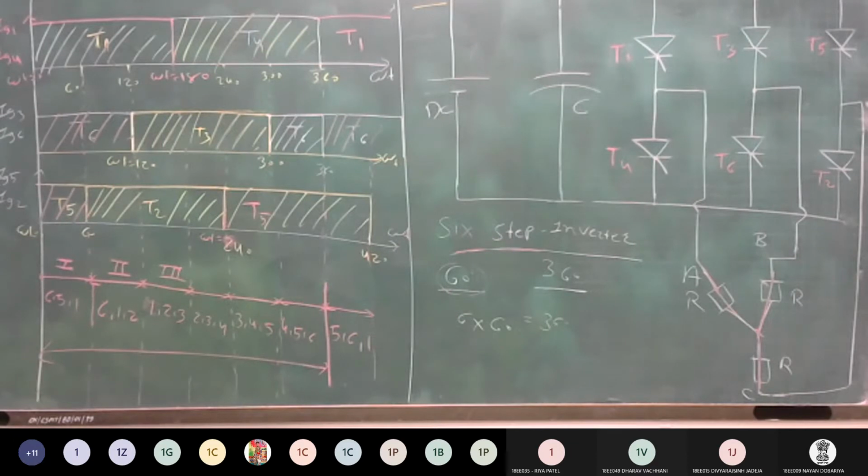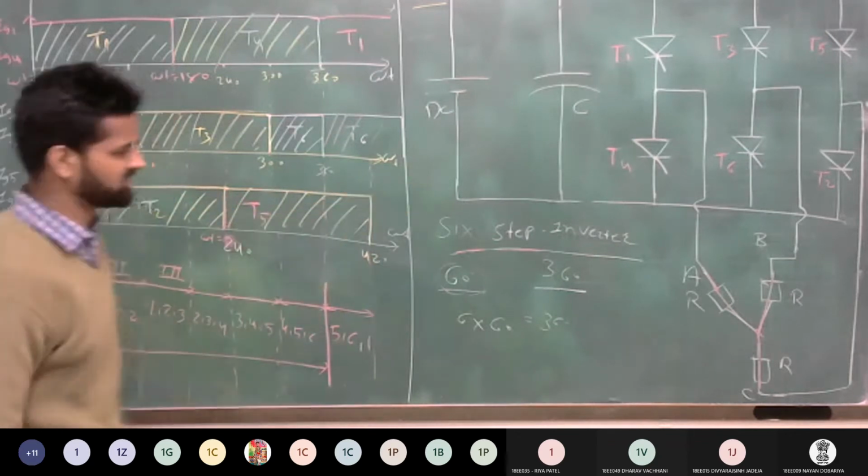All of you please quickly draw this waveform. So after that we start the calculation. If you have any confusion, please ask the question and solve your doubts, because this is very important to understand the operation of this three-phase inverter.